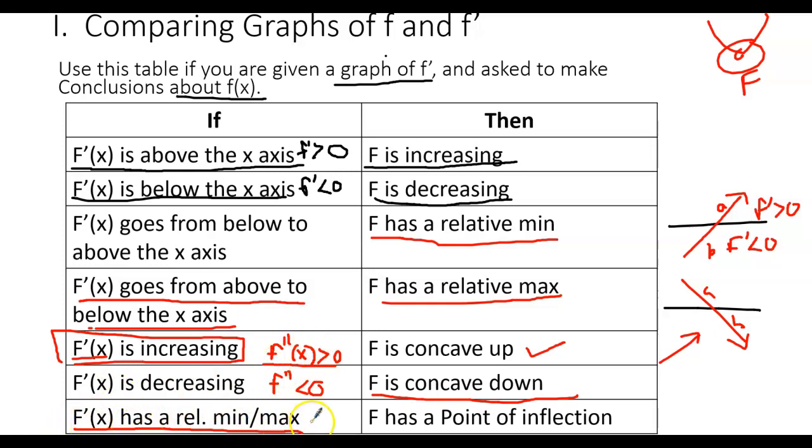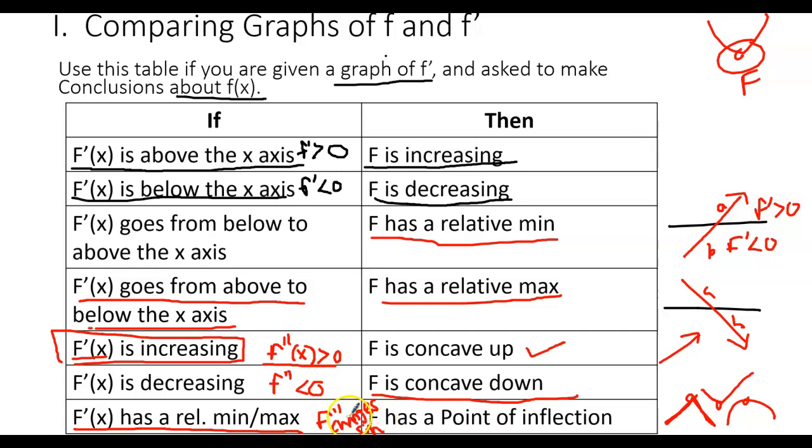And anytime f prime has a relative min or a max, like here or here, for instance, that means its slope is going from positive to negative, or it could be negative to positive. It doesn't really matter. Anytime its slope is changing, that means that f prime changes signs. The slope of f prime, in other words, f double prime, changes signs.